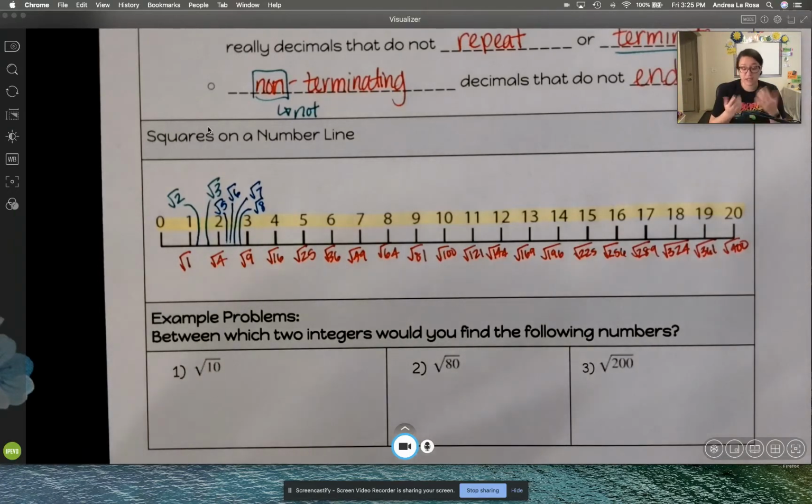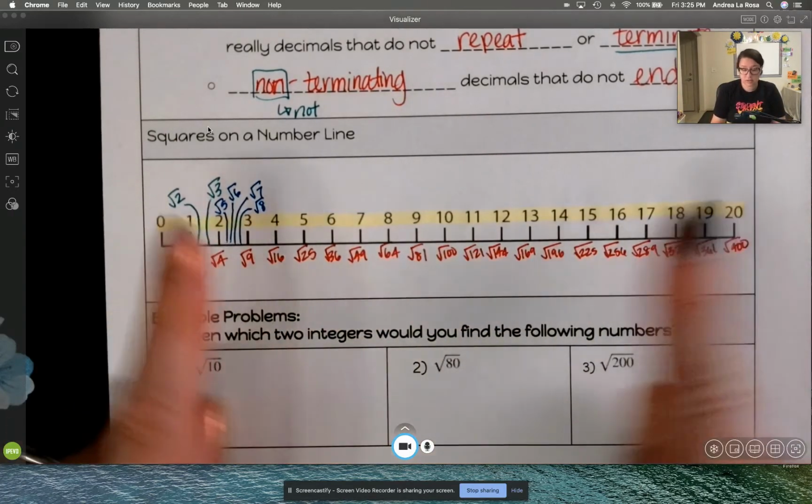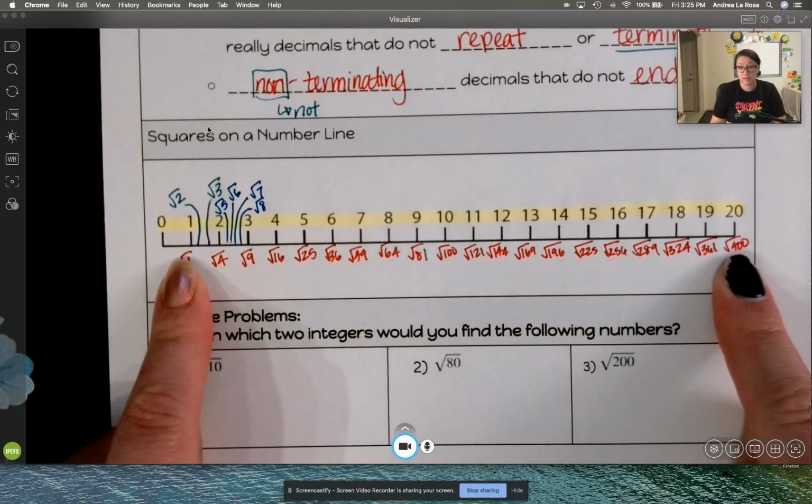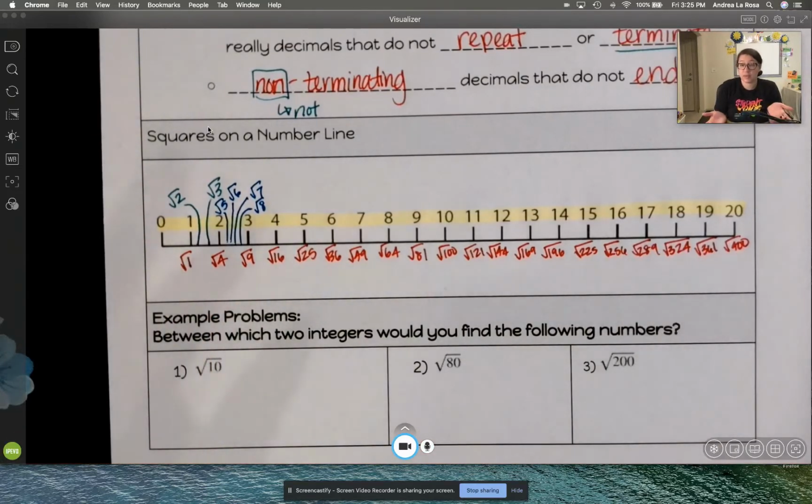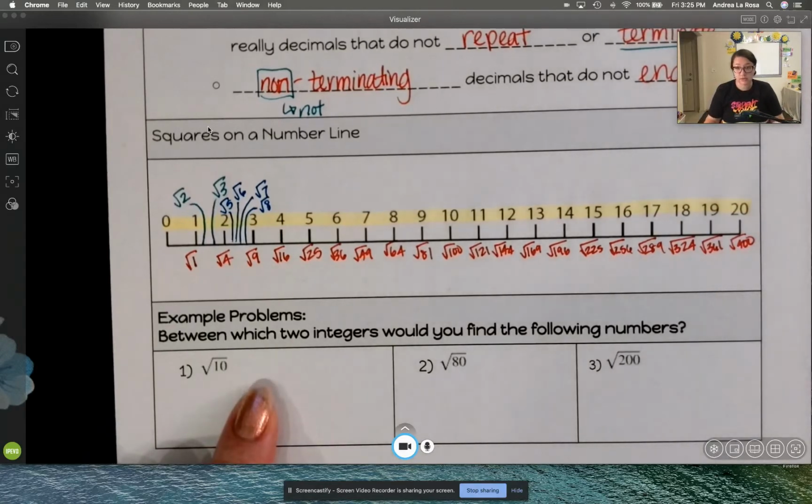If I know my integers and their perfect squares, I can figure out where my number is going to be. So let's come down and do some examples together down here.